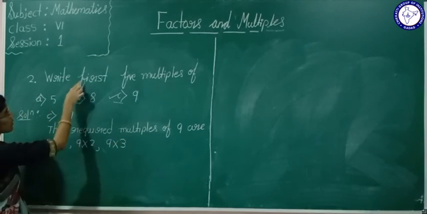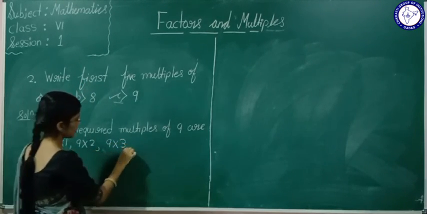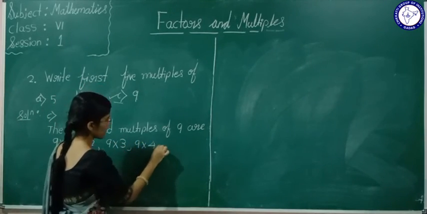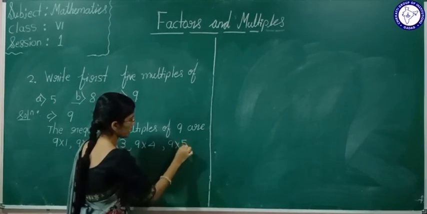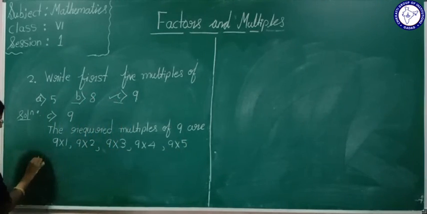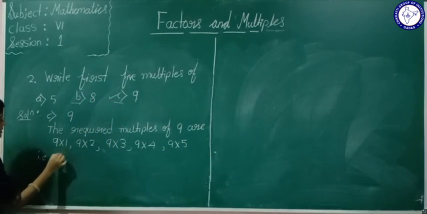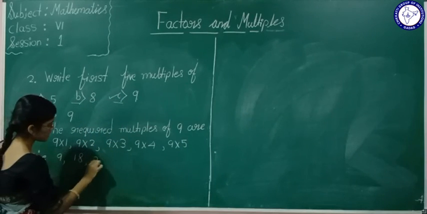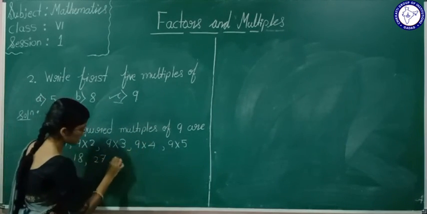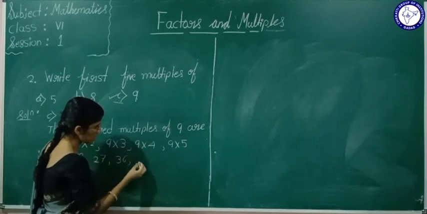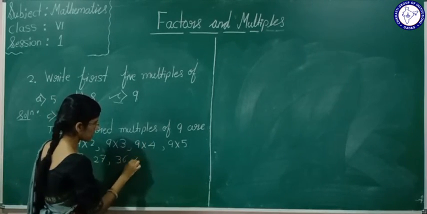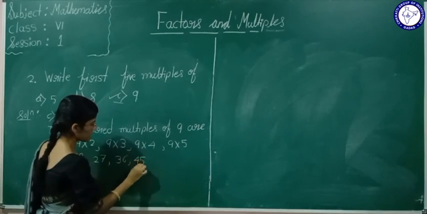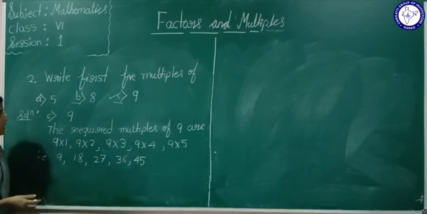How many were told? 5. 1, 2, 3, 4 and 5. That is 9 ones are 9, 9 twos are 18, 9 threes are 27, 9 fours are 36, 9 fives are 45.